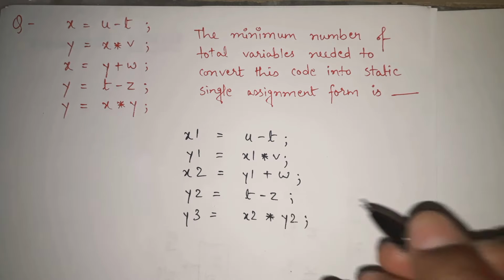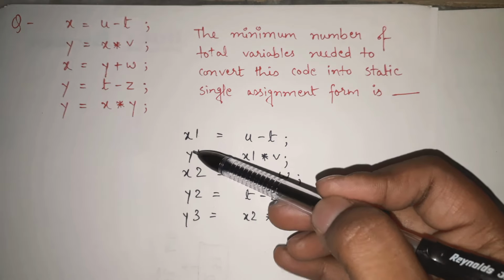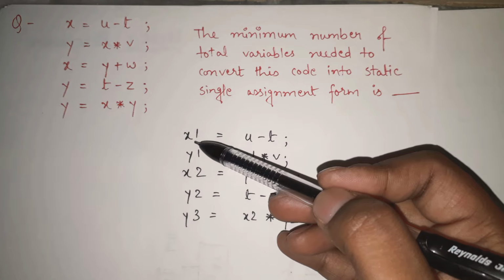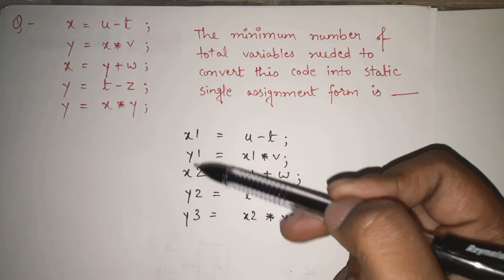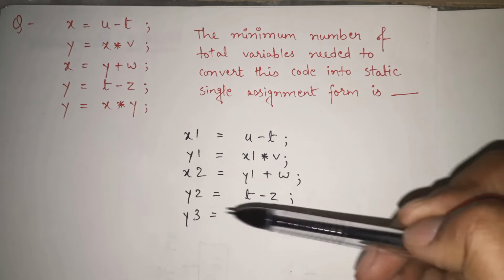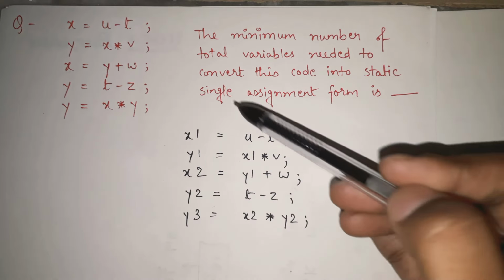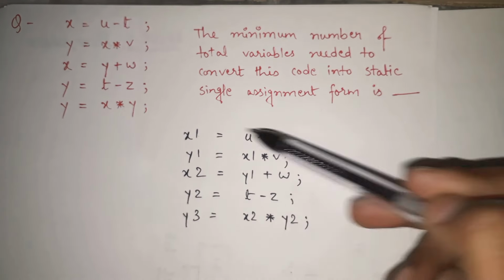Clear? Now we can see that all the 5 assignments are different: X1, X2, Y1, Y2, Y3. There is no repetition, these are unique assignments, right? So this is the successful conversion of this code into static single assignment form.